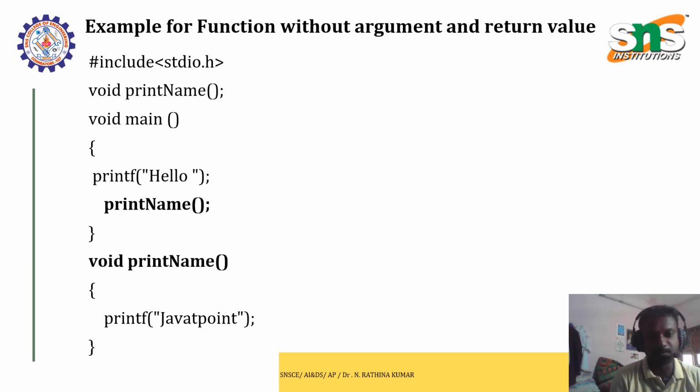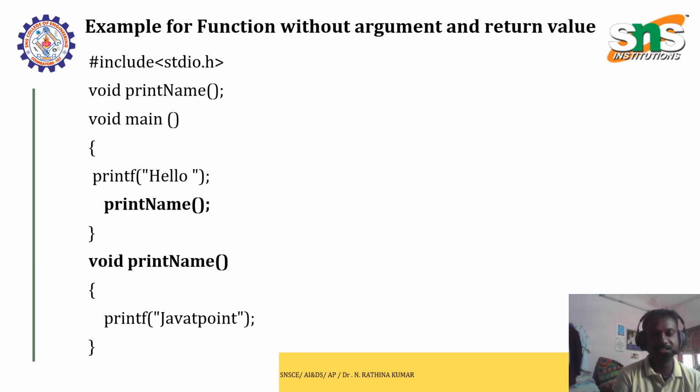See this program. Inside the main function, we have two statements. One is an ordinary printf statement. Another one is a function call; the function name is print name. Whenever the compiler sees that line, it automatically comes to the subfunction, that is void print name.